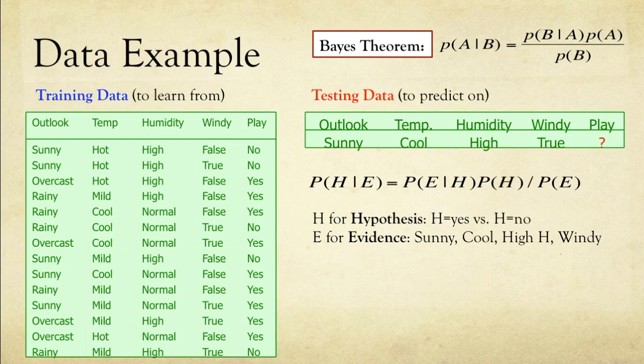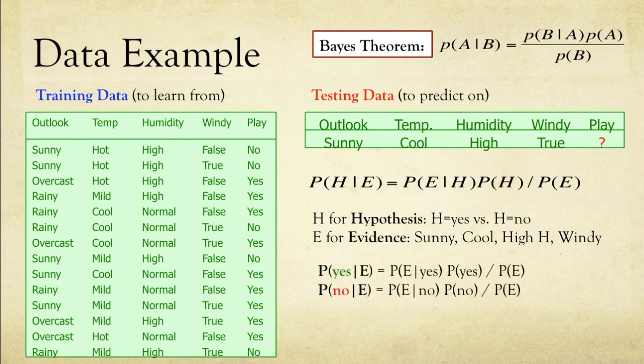E is for the evidence. What is the evidence? Evidence is the testing data that we have observed, so the weather condition here, such as sunny, cool, high in humidity, and windy. These are our evidence in order for us to make the prediction. Essentially, the task of classification in probabilistic thinking is to estimate the probability of hypothesis yes versus no given the evidence.